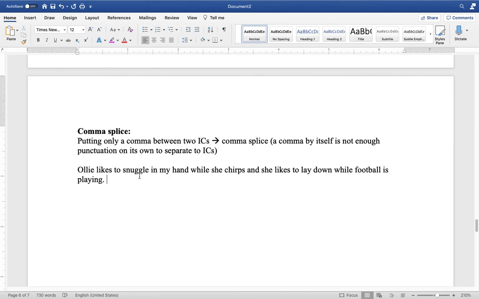Okay, so first let's look for the independent clauses, which is by identifying the coordinating conjunction.